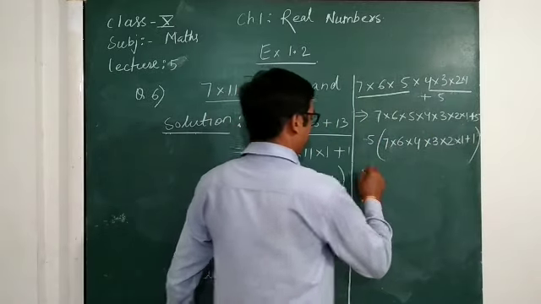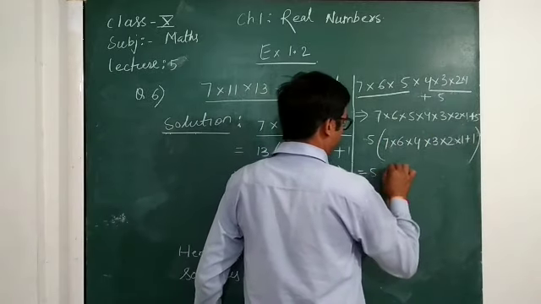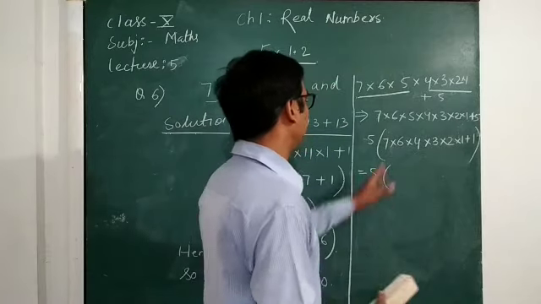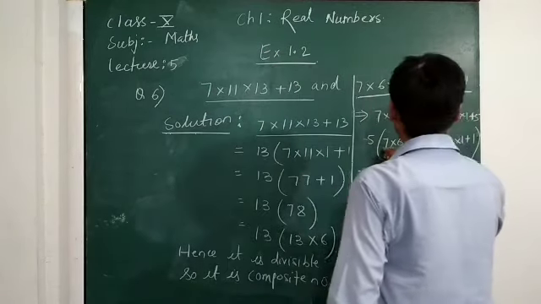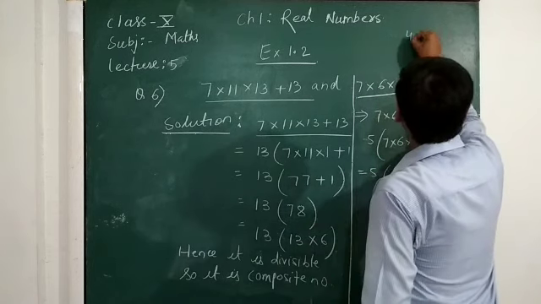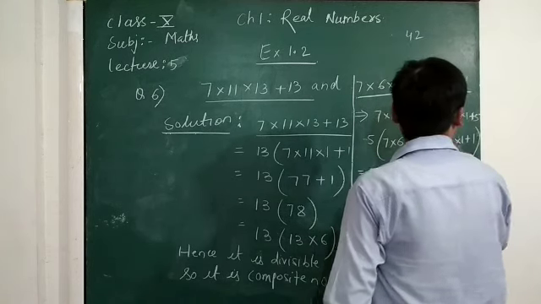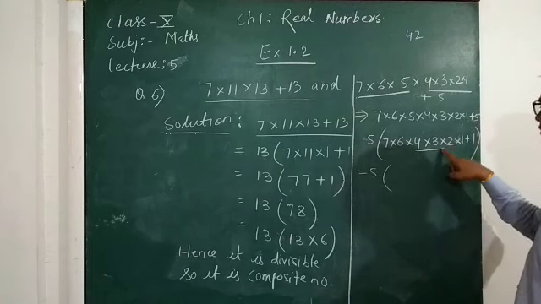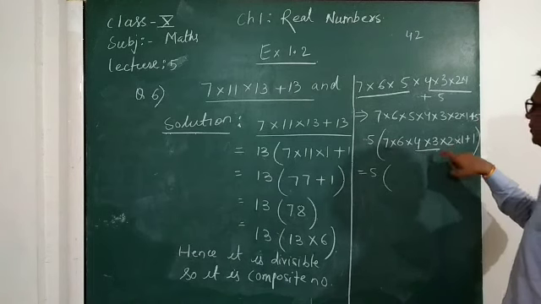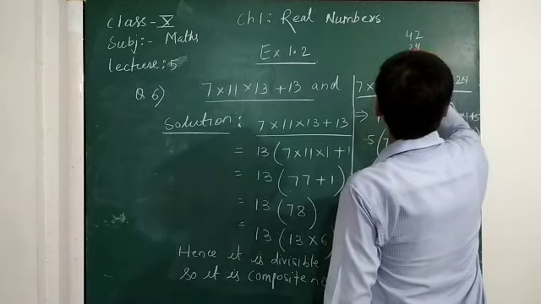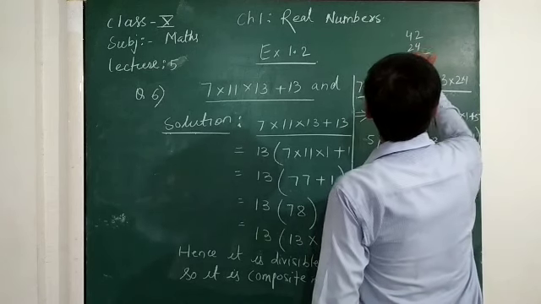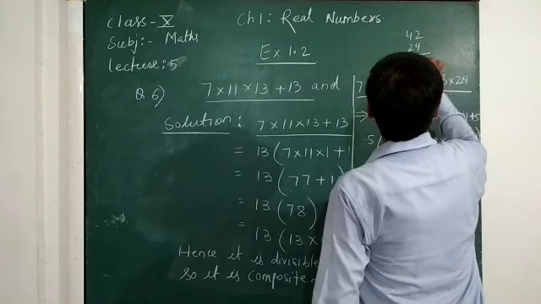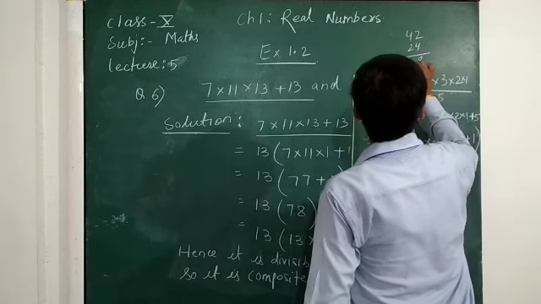Okay, so 5. Now if you multiply 42 into 4, 3 is 12, 12 into 2 is 24. So it is 4 twos are 8, 4 fours are 16, and again 2 twos are 4, and 4 twos are 8.